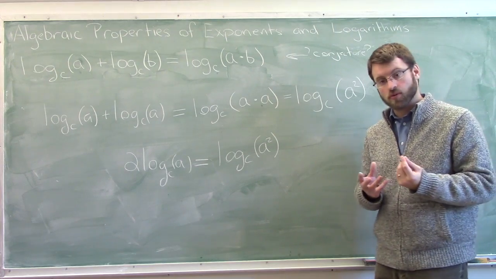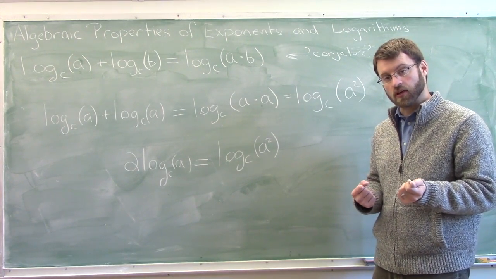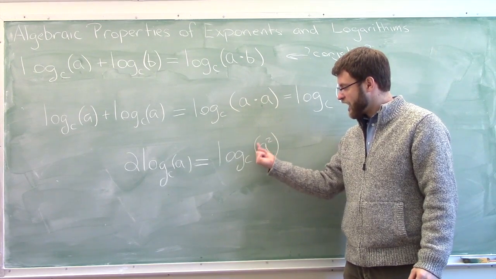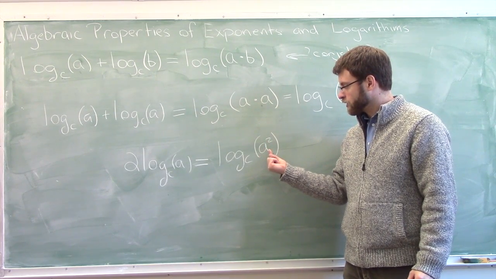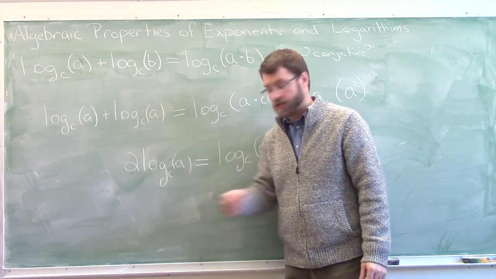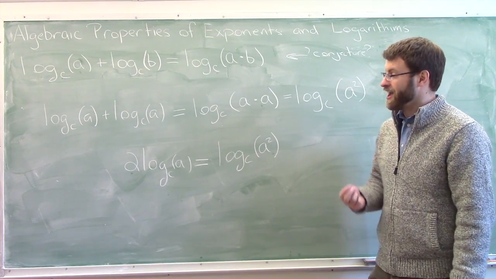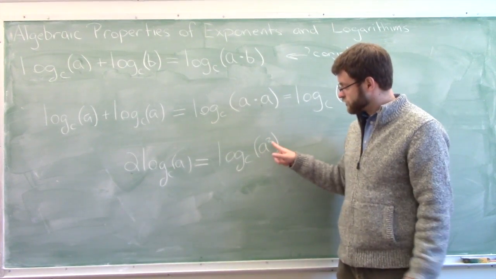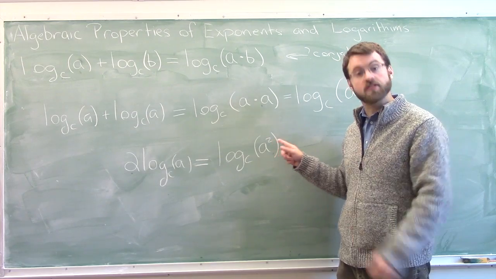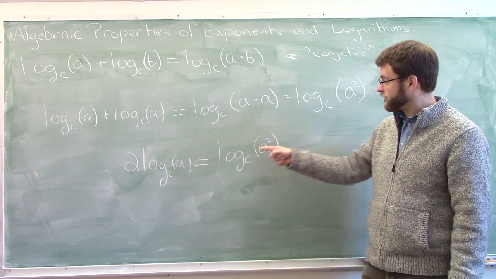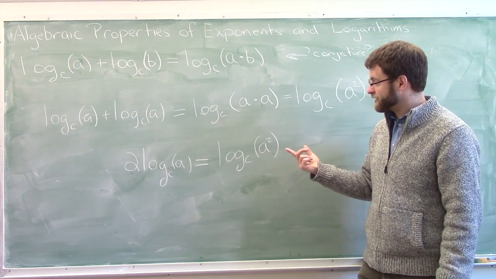And now we have something a little bit more interesting. We have this idea that if there's an exponent inside the logarithm, we might be able to remove that exponent or transform it into a coefficient in front. And this turns out to be a really, really useful property for manipulating equations where you have funny expressions in the exponent. Okay? So this is a specific example. We looked at just a times a.